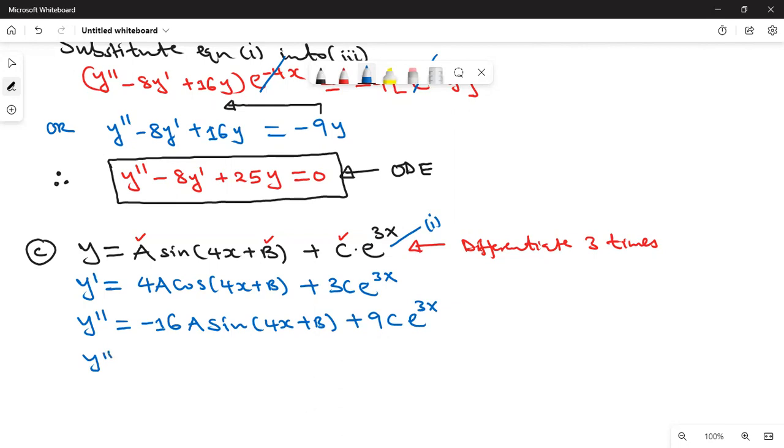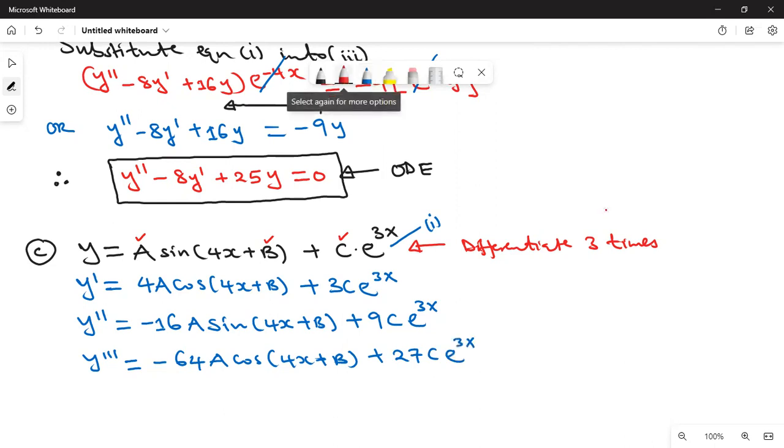Then lastly, we have y third prime to be equal to negative 16 by 4, that is 64a cosine of 4x plus b plus 27c exponential 3x. So this is equation 2. This is equation 3. And this is equation 4.